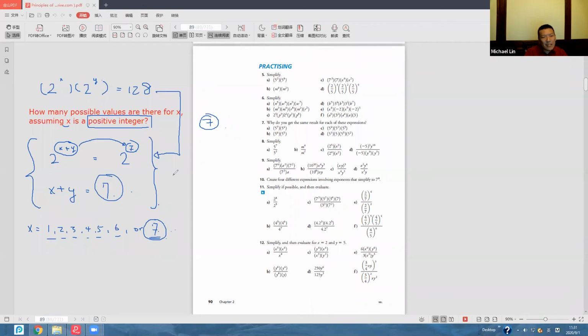I'm not going to say you're not going to get marks for the previous solution, but if you show your work this way, applying the knowledge that you've just learned, this shows that x plus y must equal 7. Since x must be a positive integer, x cannot equal 0 or any negative numbers. Therefore, x is limited to just 1, 2, 3, 4, 5, 6, or 7. Okay, and therefore we have 7 different data sets that we can use for the value x.